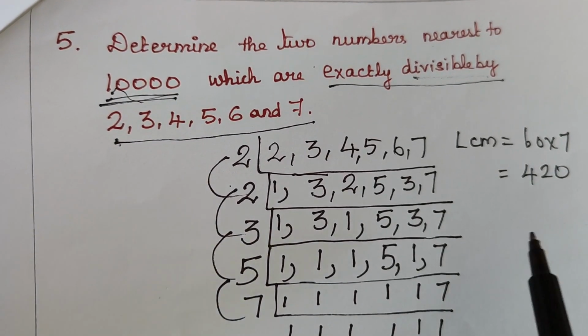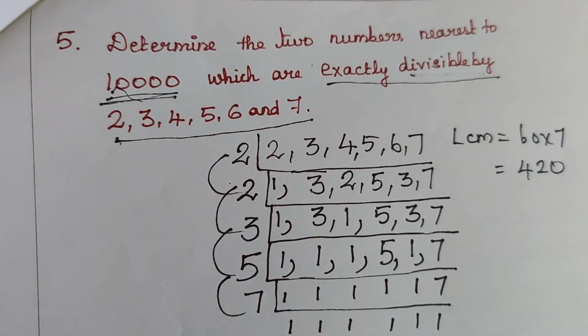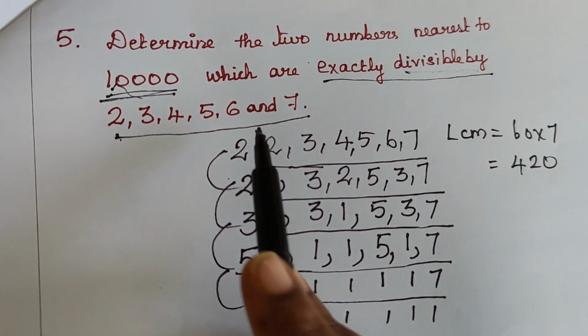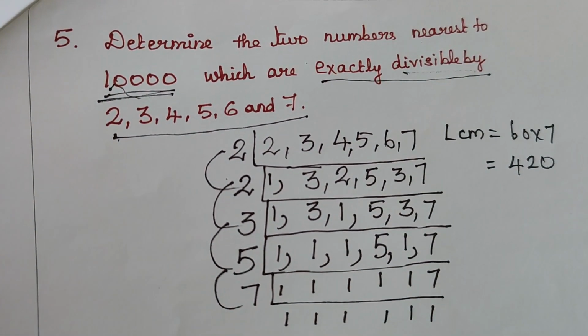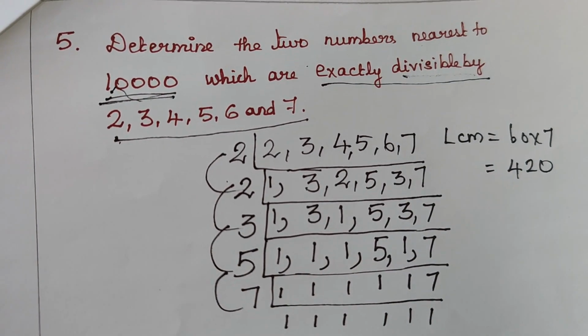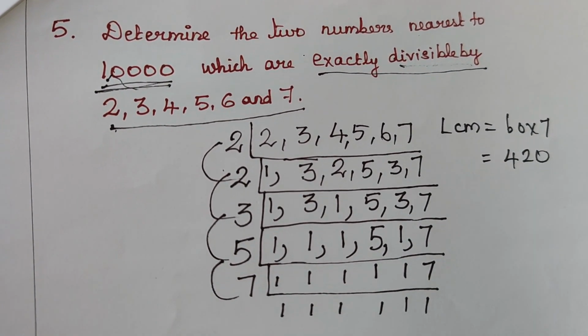So 420 is the number they are targeting. So determine two numbers which are nearest to 10,000 and which are divisible by 420.